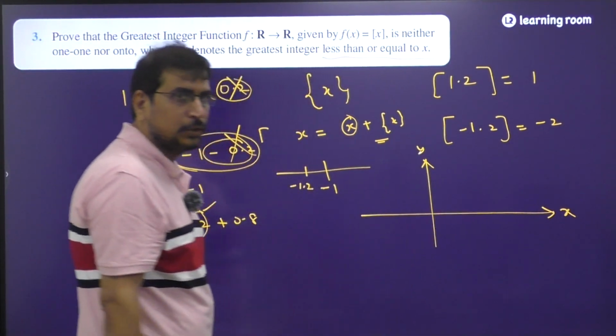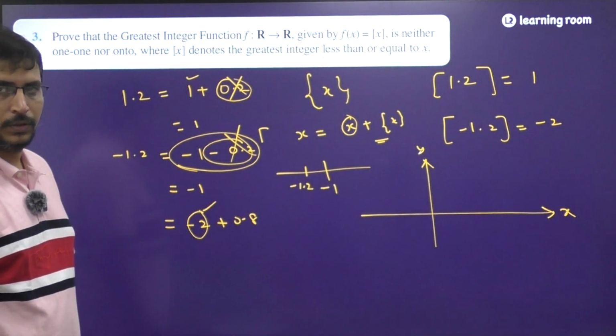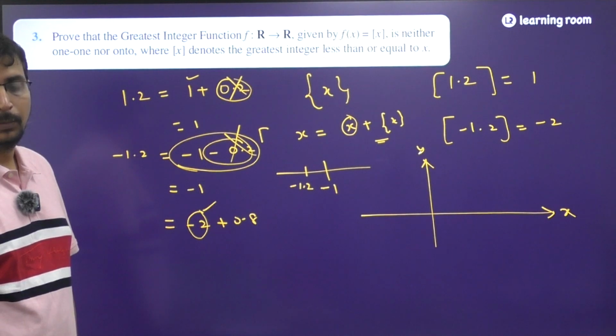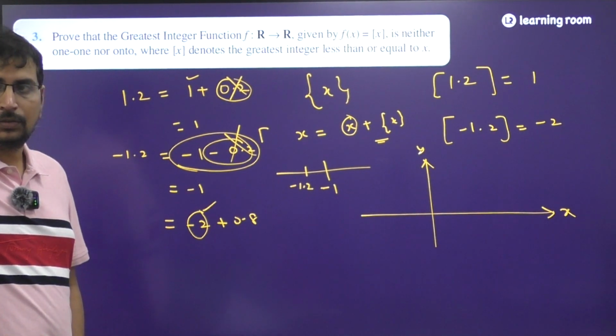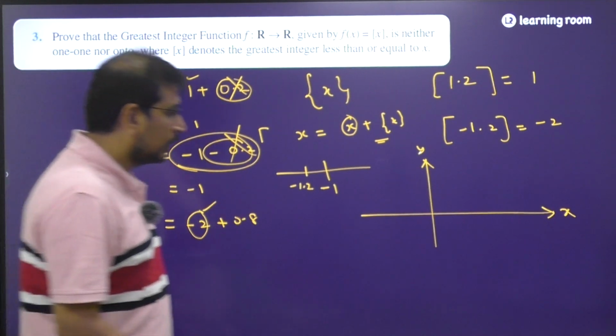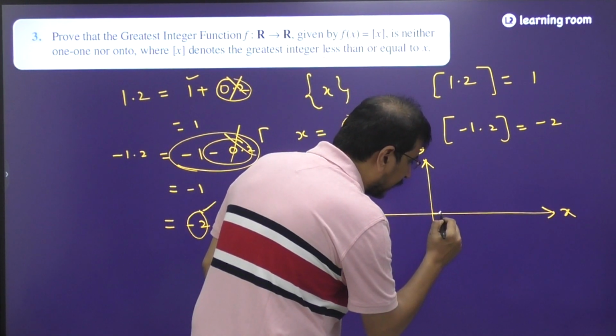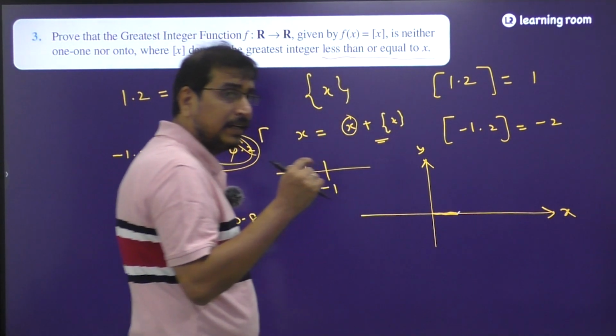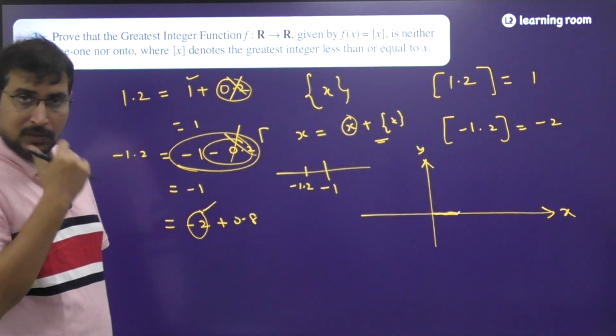For 0, greatest integer of 0 is 0; greatest integer of 0.1, 0.2, till 0.99999 something is also 0. So where will it change to 1? Exactly at 1. So till then, the graph is going to be a line which is aligned with the x-axis.